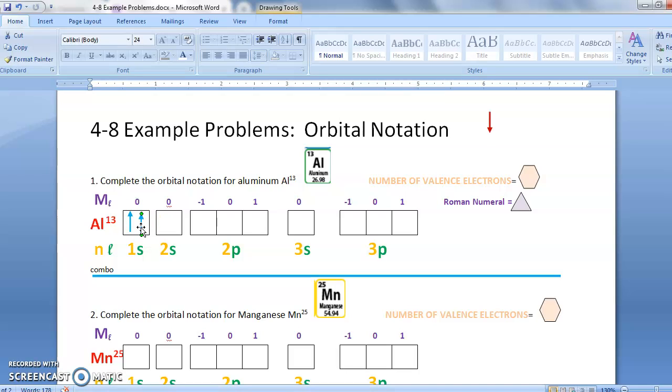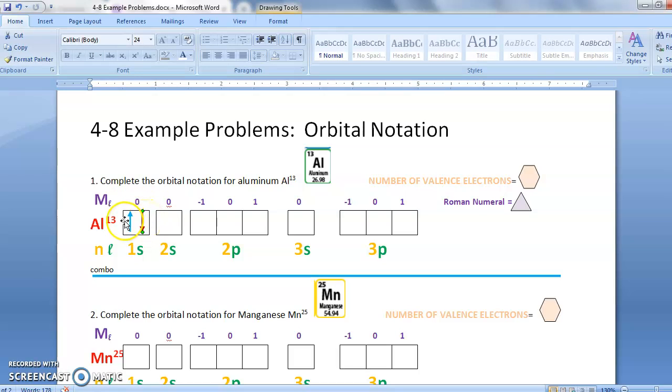It would be breaking the Pauli exclusion principle, which says two electrons in the same orbital must have opposite spins. So we've got to get rid of that electron, and instead we need to put this electron in here spinning down. So I have a plus 1/2 spin going up, and the minus 1/2 spin is now going down.